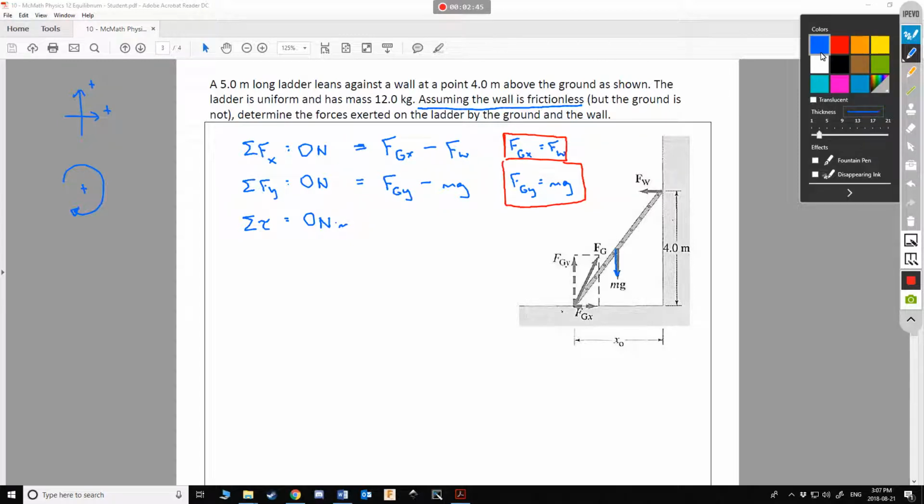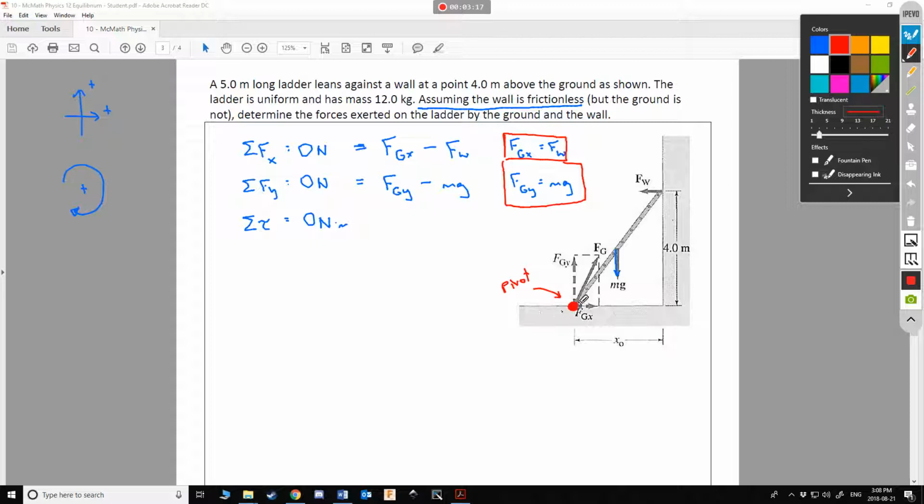Lastly, we're going to get an equation for torque. This is where pivot points become very important, because the location we choose for the pivot point will make our question a lot harder or easier than it should be. So I'm going to place the pivot point right there. Wherever you choose the pivot point allows us to ignore the forces at that location.